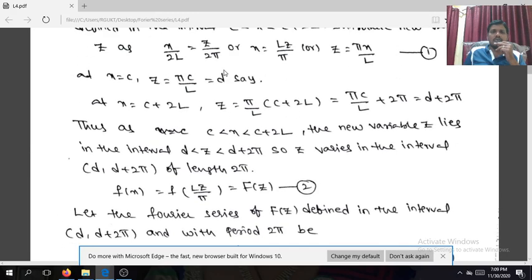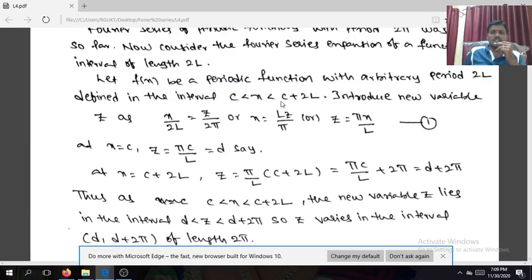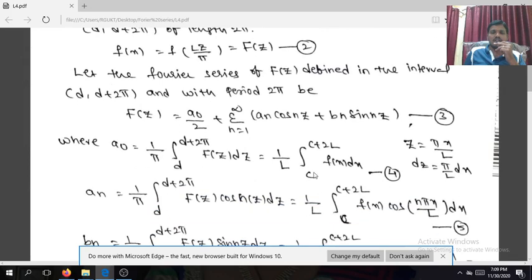So it is better to write the new limit in terms of the old limit c to c plus 2l. Yes, if you replace z with x, no problem, you can change the limits. Here it is f of z dz, but you know that z equals pi x by l.